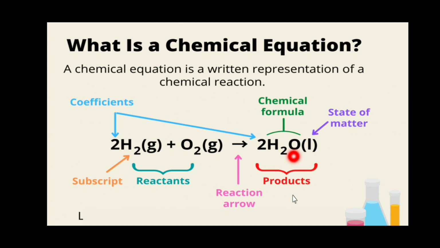Then, physical states of an element or compound can also be represented by a chemical equation. Here hydrogen and oxygen are both in gaseous form, whereas water is in liquid form. This is all about the chemical equation.